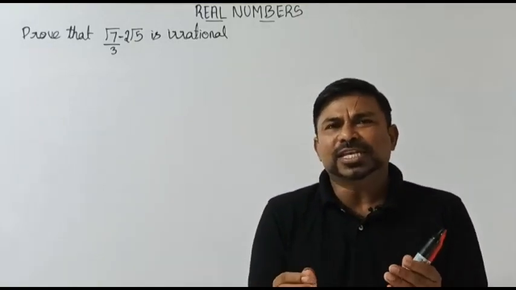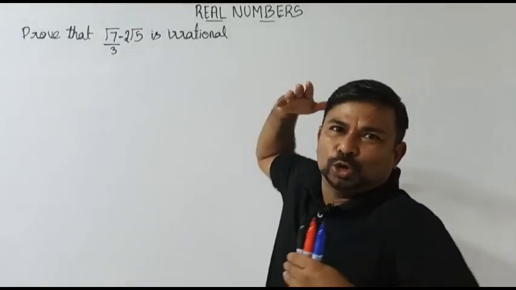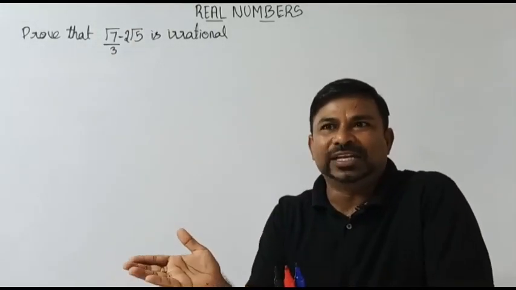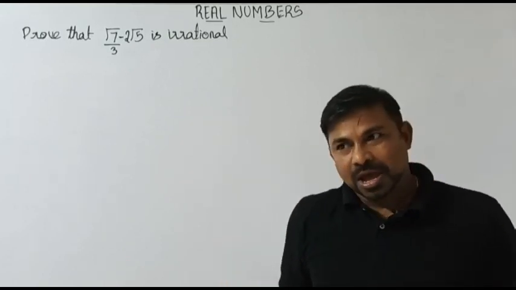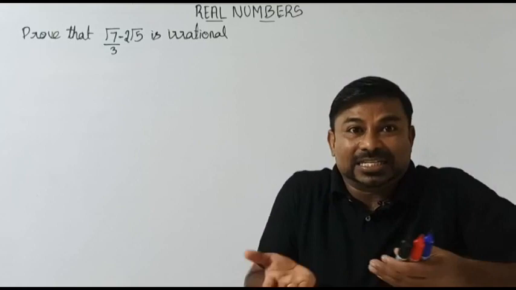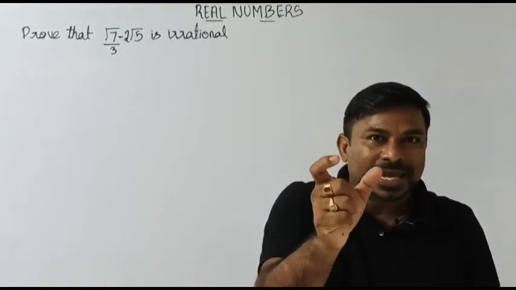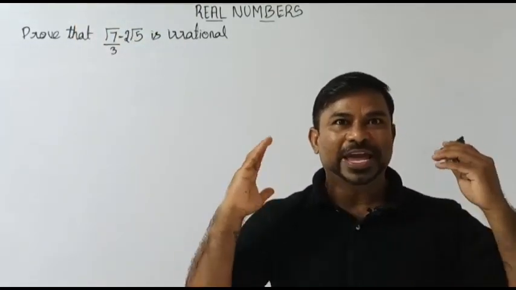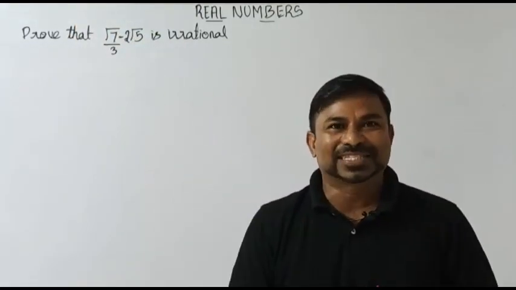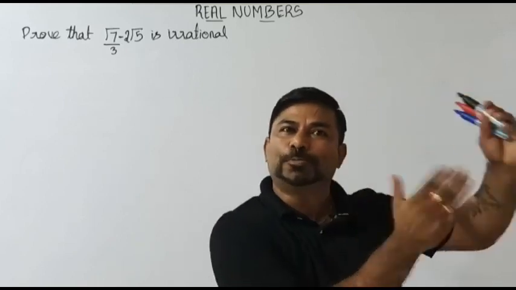The contradiction method means a procedure in which what is required to be proved, we take as wrong. We take the opposite of that. As we have taken the opposite, we start solving the sum and reach a place where we are under contradiction. We go against the laws of mathematics, against a definition which is already proved.